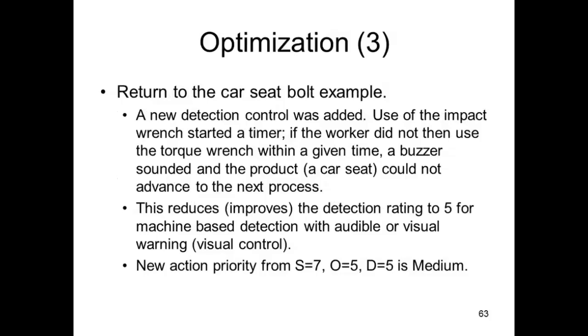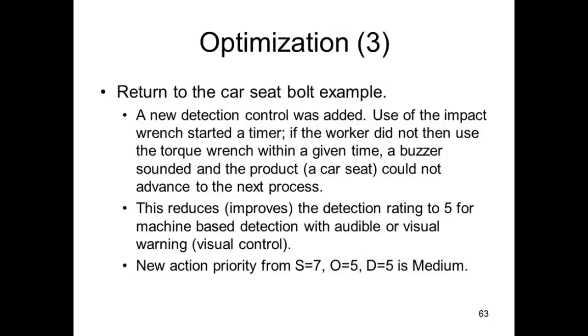Return to the car seat example. A new detection control was added. Use of the impact wrench started a timer. If the worker didn't use the torque wrench within the given time, and we're probably dealing with standard work there, the entire process step probably had a time assigned to it, and that included using the torque wrench to check the torque.